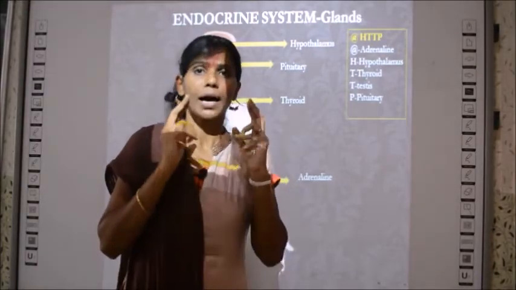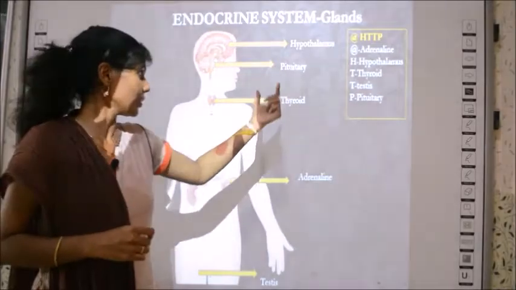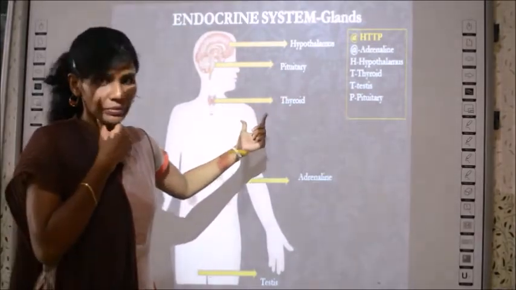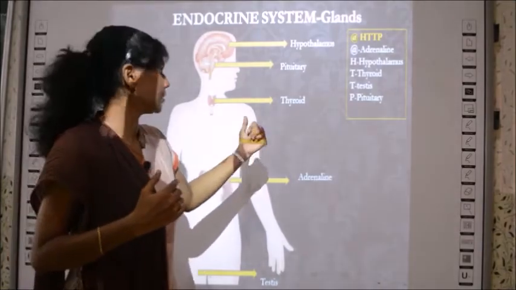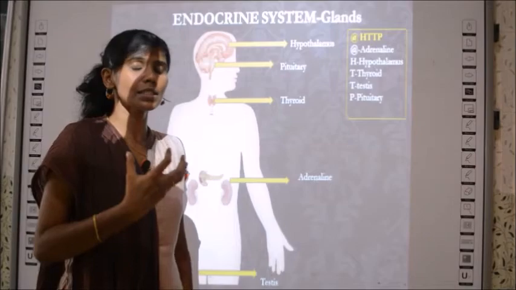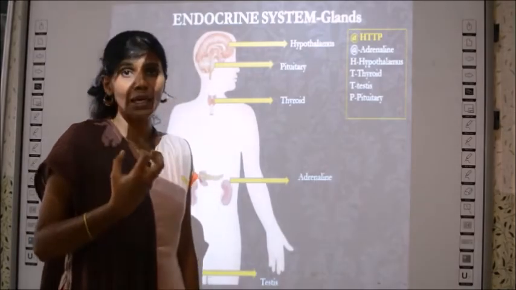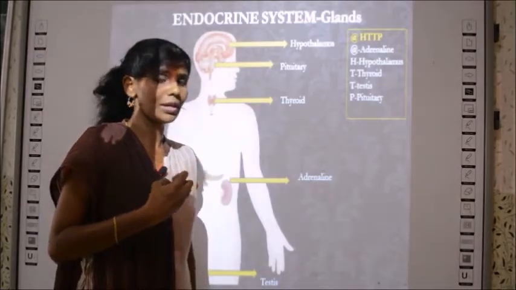So keep in mind always, hypothalamus and pituitary are in the brain region, thyroid is in the neck region, adrenaline is above the kidney. So one more, you have testis, right? Testis is found in male reproductive organs. Testis is a male reproductive organ, I told you.